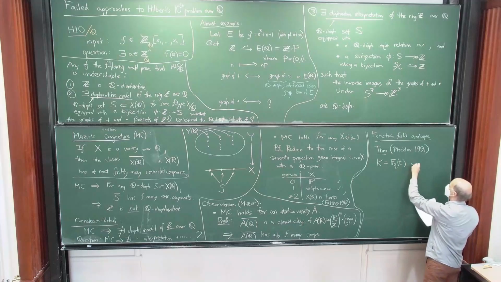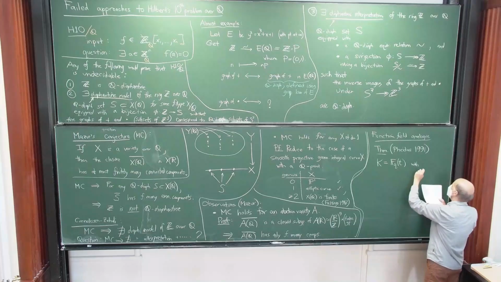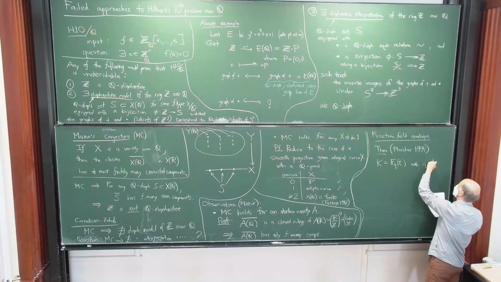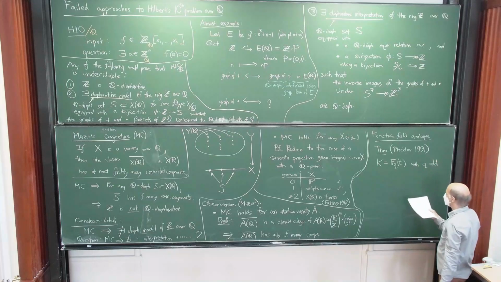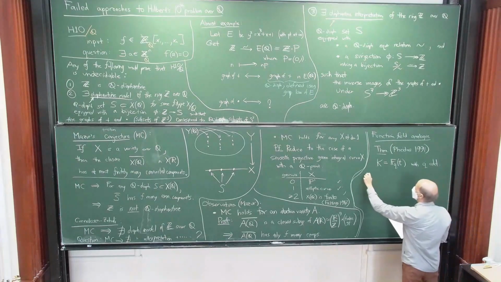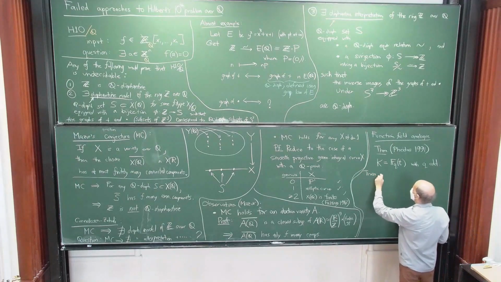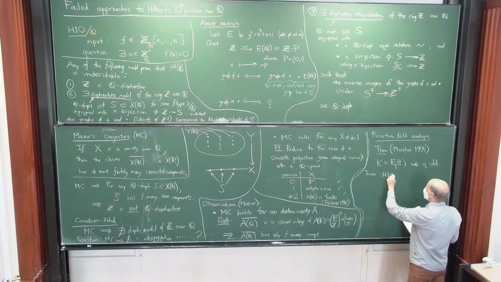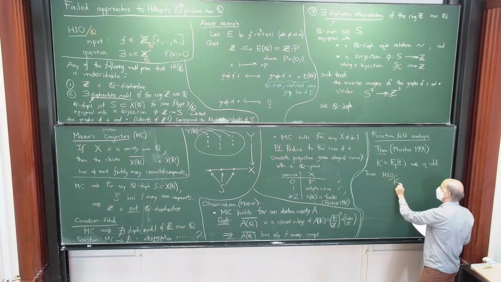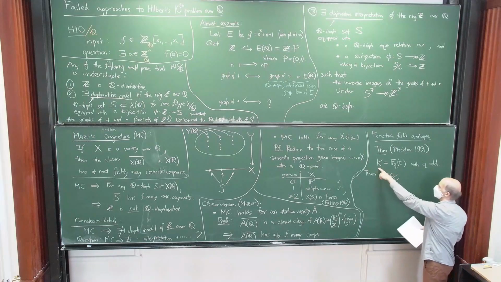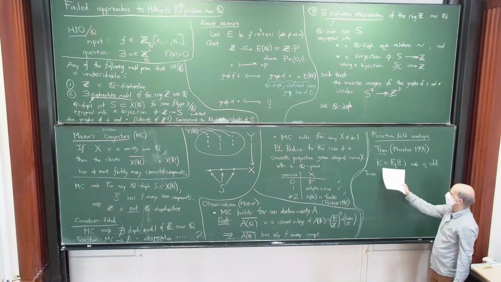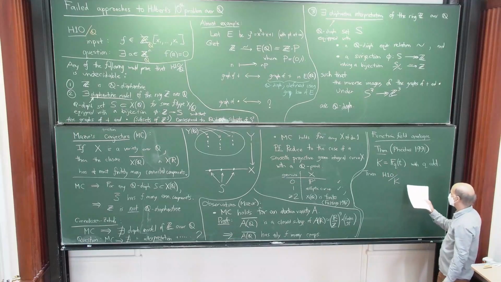And for Vidas's original result, he took just the simplest kind of rational function fields over a finite field, where you just take the rational functions in one variable. So it's the fraction field of the polynomial ring. And also, just for simplicity, he assumed q is odd. Then you can ask the question, Hilbert's 10th problem over this field, which is analogous to a number field, so you might expect this to have the same answer.